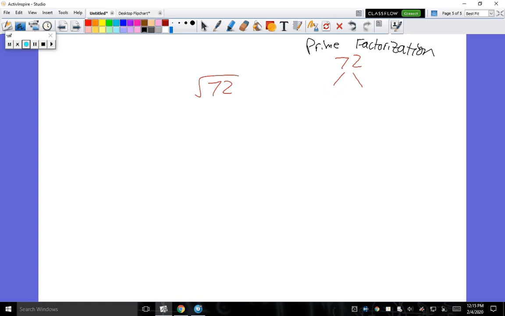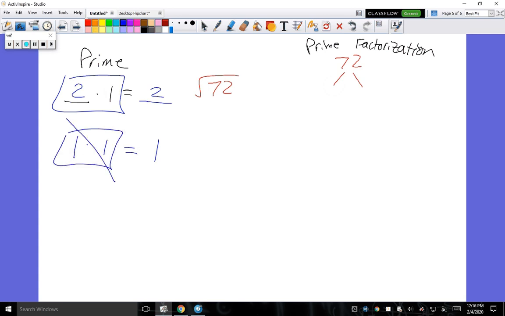Because a prime number is when a number times 1 gives you the answer. These cannot be the same. That's why 1 is not prime, because these are the same. You with me? So a prime number is when the divisors are only itself and 1.